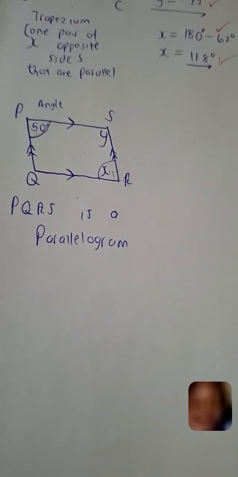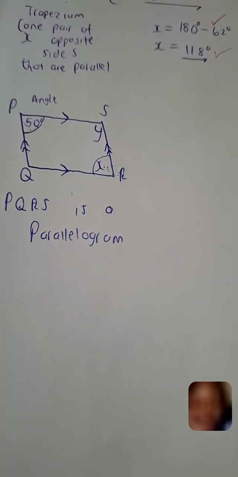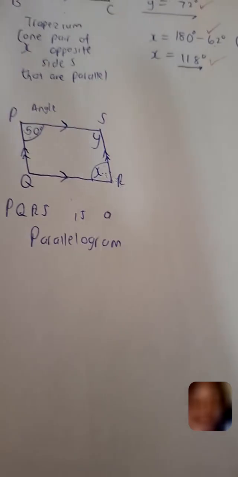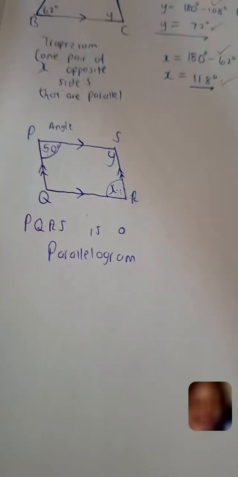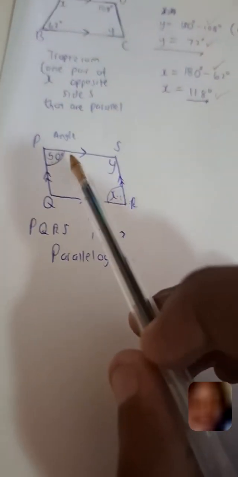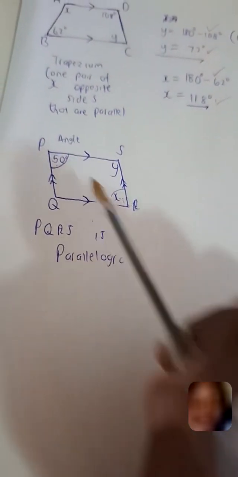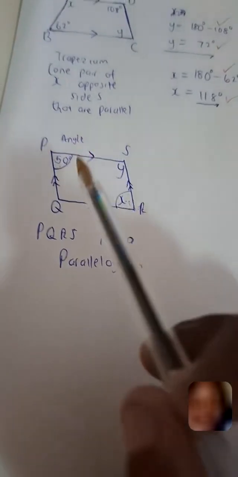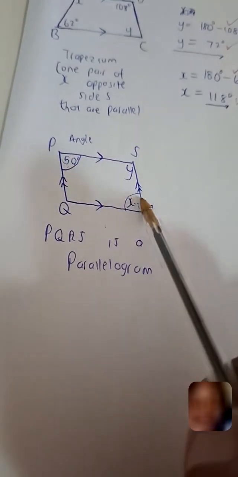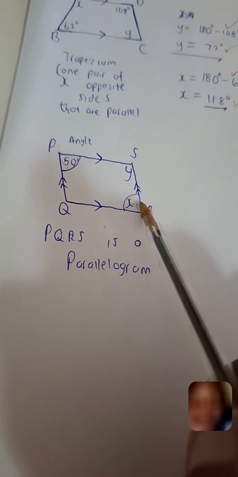Angles. Both pairs of angles are equal. Yes. It's very important that you take note of what we are looking at this time round. We are looking at the angles, not at sides.